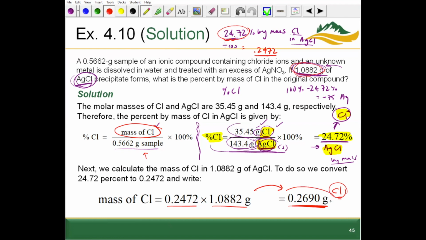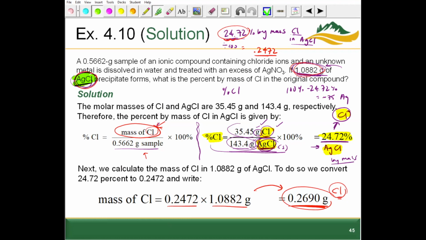So with this mass of Cl, we can then plug that in here. Importantly though, all of the Cl from the original unknown went into forming this silver chloride precipitate. So no Cl was lost to any other products. All the Cl went into forming AgCl.